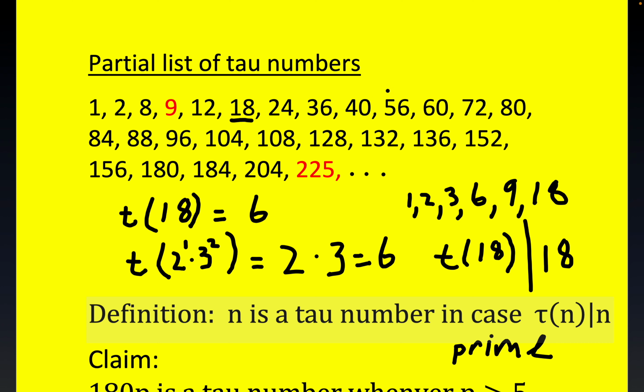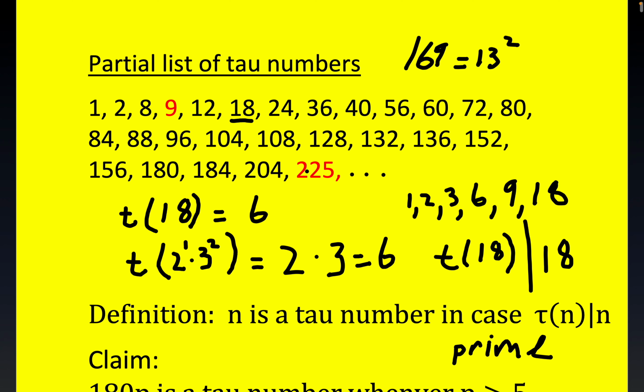Notice that 169 is an odd perfect square, but it's not a tau number, and you guys can verify that, right? So in other words, the statement is if n is an odd tau number, then n is going to be a perfect square, and these two examples suggest that that's true. But 169 is an odd perfect square which is not a tau number. So it's one of those standard A implies B, but B does not imply A.